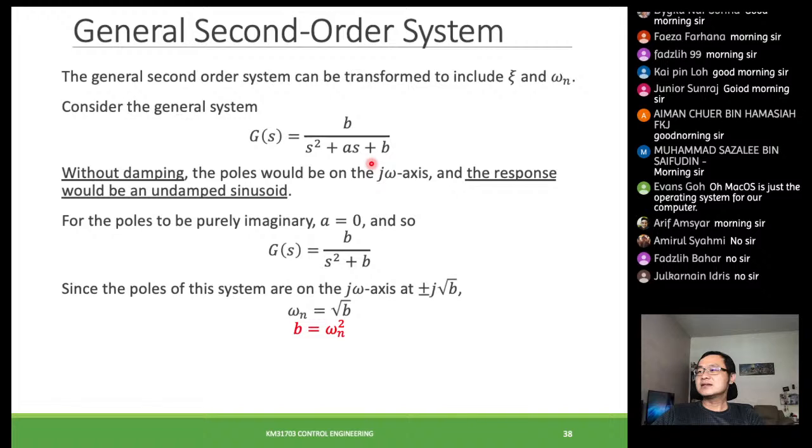We can combine these two together so that they are related, and they are also related to the damping ratio. Based on these definitions of the damping ratio, we can rearrange such that a equals 2 damping ratio omega n, and that would be our equation.